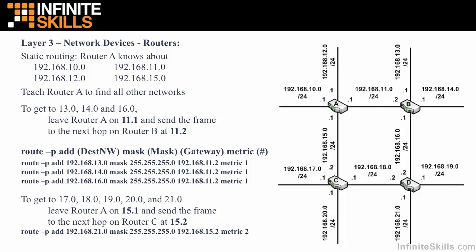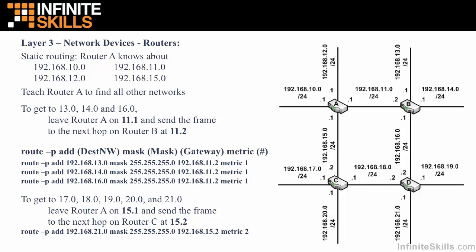And then I have to tell router A what is the interface on the adjacent router that is your path to that 13.0 network. Well, in this case, router A has to send the frame to 192.168.11.2 on router B, because router B is attached locally to that 13.0 network. And I'll also tell router A that it is one hop to that 13.0 network.